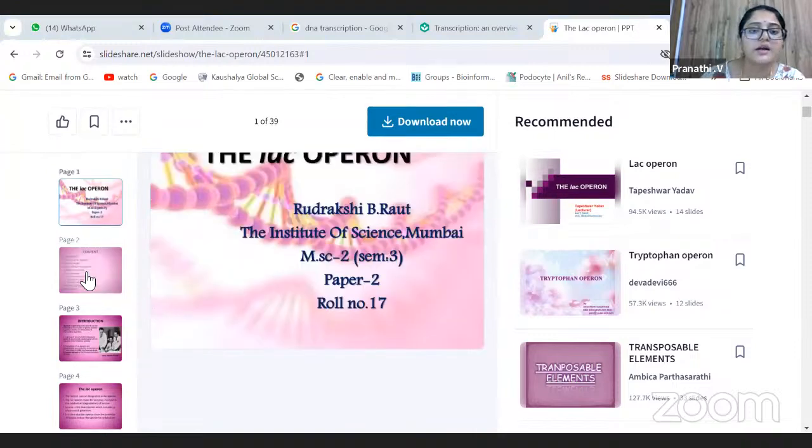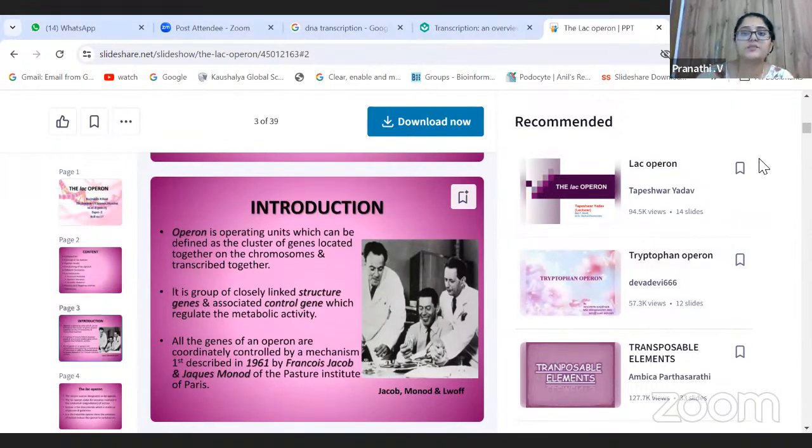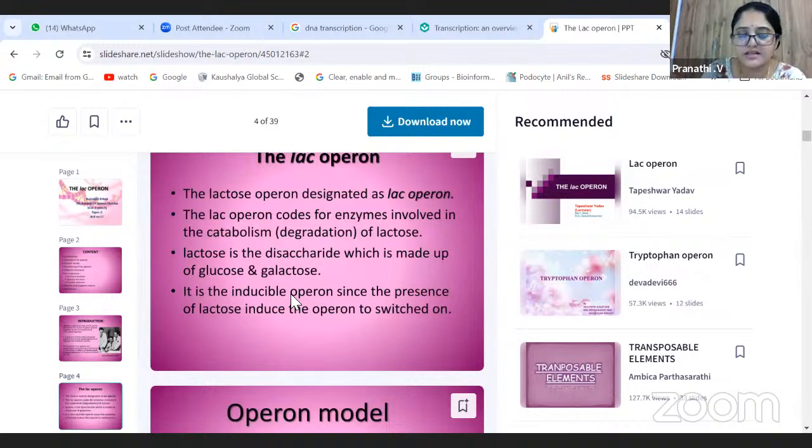Right. When it comes to the lac operon, the basic one, it was told about by Francois Jacob and Monod. It is seen in the prokaryotes.